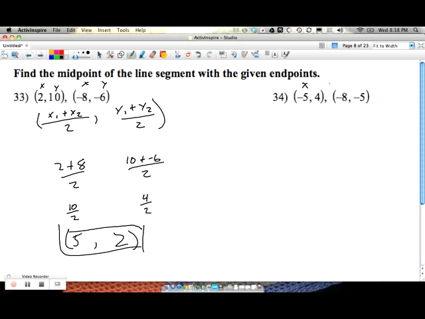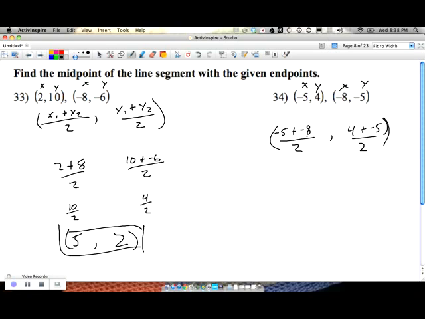Let's do the other one, same idea. We have x's, we have y's. Let's put them together and find the average. -5 plus -8 divided by 2 is going to be one of them. And the other one's going to be 4 plus -5 divided by 2, of course. Let me erase that out of parentheses. Not necessary. There we go.